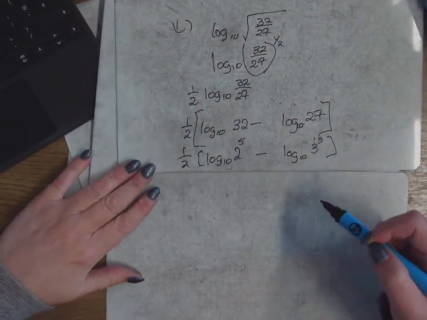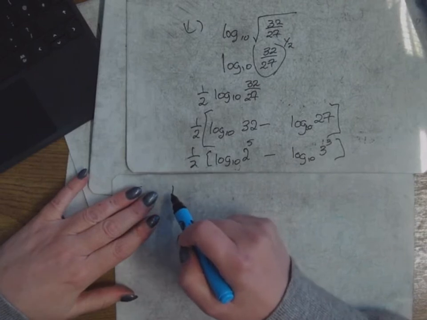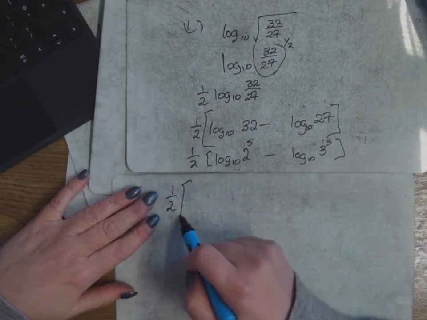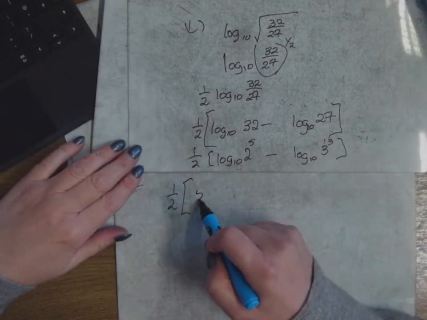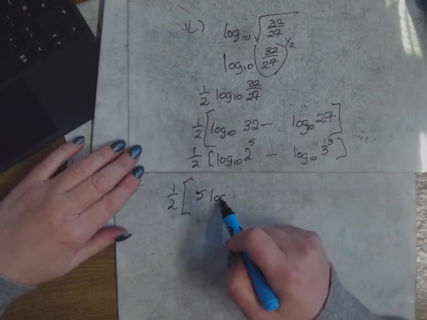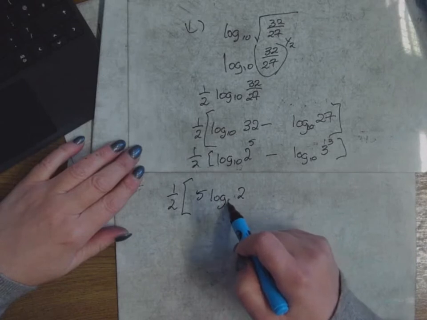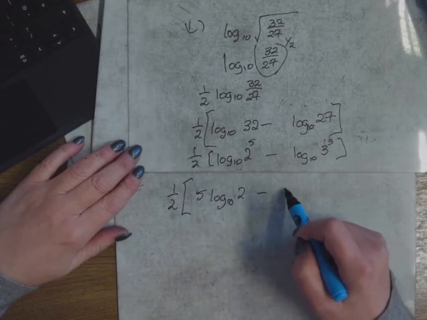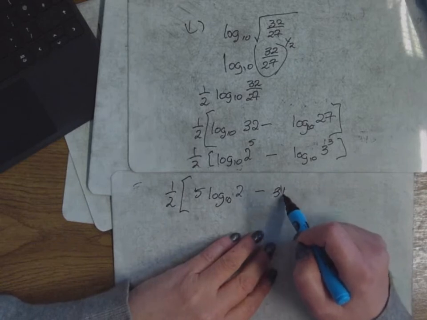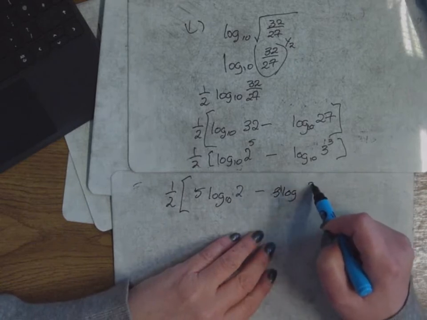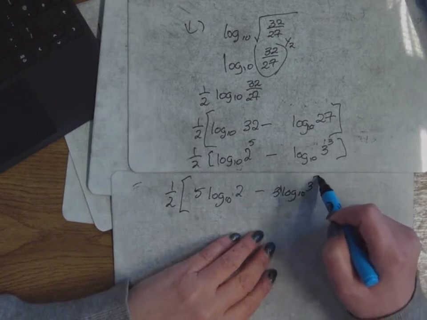Bring them down in front. Again, I'm just leaving the half there at the very front. I'll deal with that in a minute. So I can bring the 5 down there. So that would be 5 log of 2 to the base 10 minus 3 log of 3 to the base 10. Agreed? You all with me?